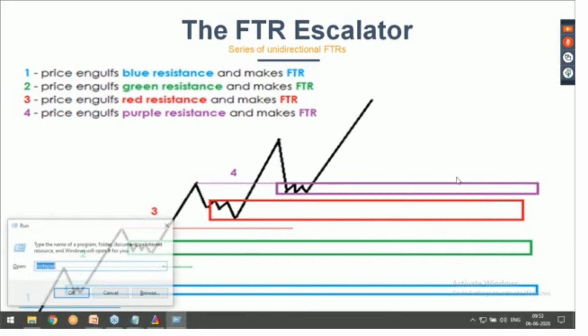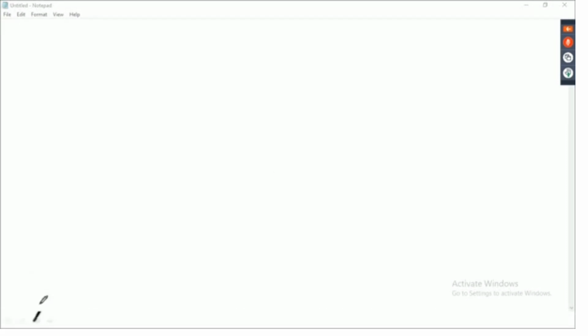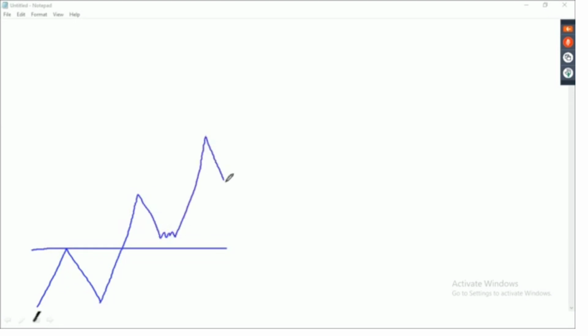Now let me draw something interesting. Friends, what is this?